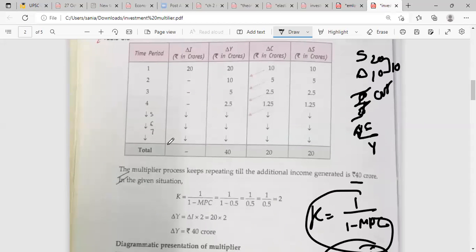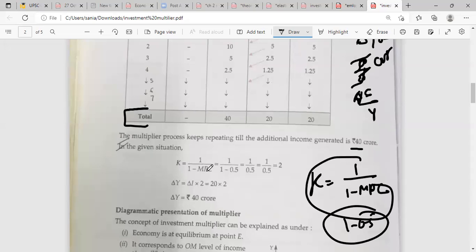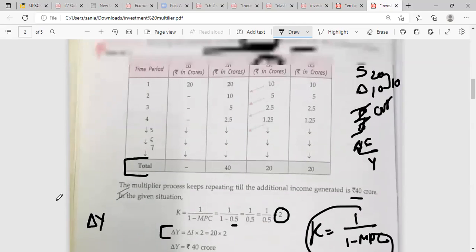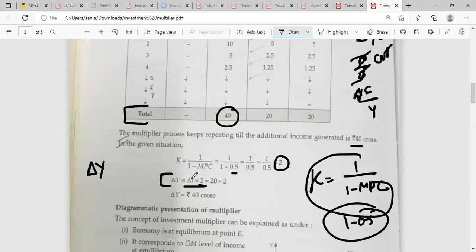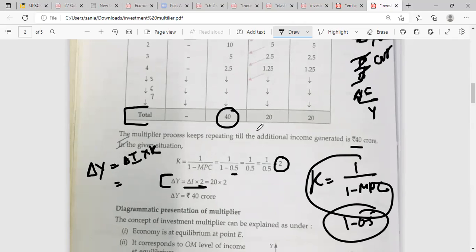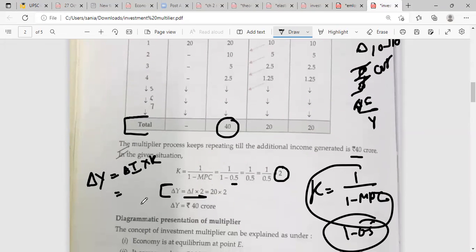Over here you wrote this, but now you have to find total income, total consumption expenditure, and savings. The formula is K equals 1 upon 1 minus MPC. So 1 upon 1 minus 0.5, then you got 2. So your K is 2. Now you have to find delta Y. The formula is delta I multiplied by K. Delta I is the same, 20, multiplied by K, which was 2.